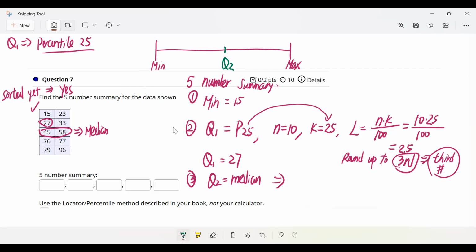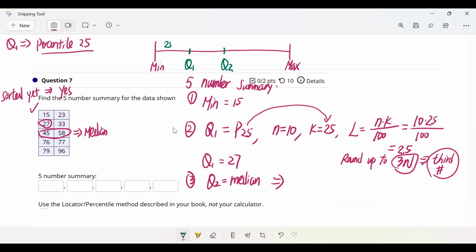Between the minimum and quartile 2, we put quartile 1. Quartile 1 is like the median of the minimum and quartile 2. So there's 25% of data here, 25% here, and then quartile 3 goes here. Quartile 3 is the middle of quartile 2 and the maximum. 25% of data goes here, 25% goes here.